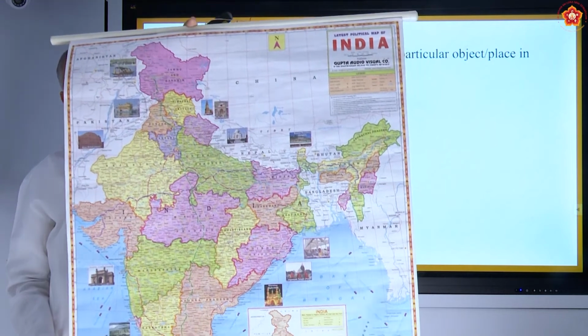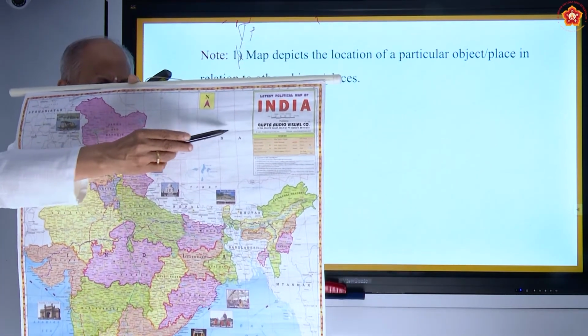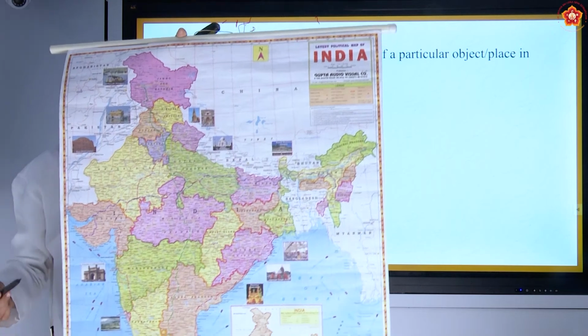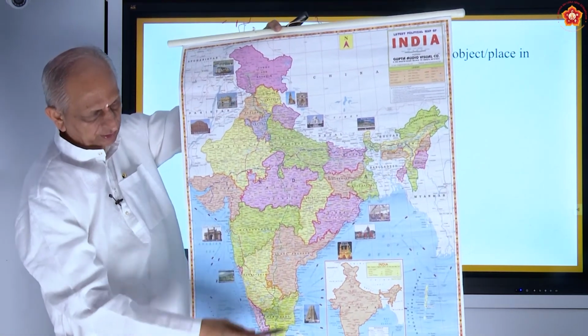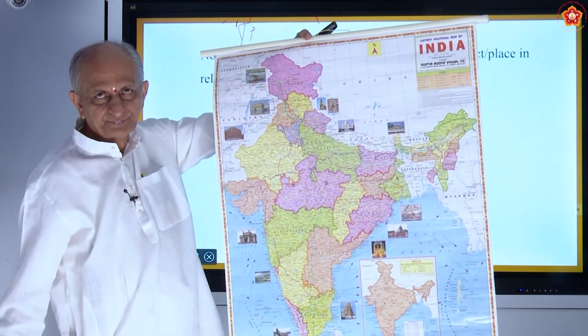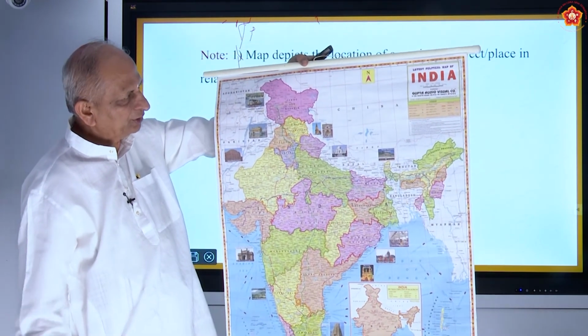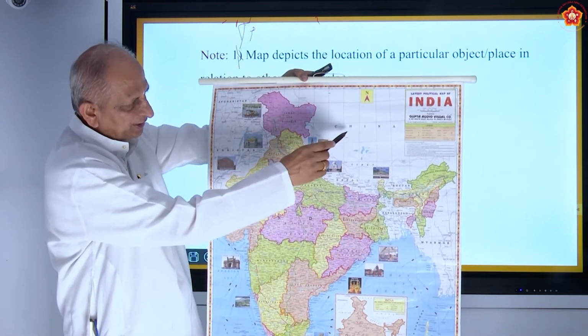Can you see it? Okay, so this is the scale written here. So that scale is important. And you can make out this is the north, this is south, this is west, this is east. Okay, the directions also you must note. So they are noted here, north. And these are the countries next to India.